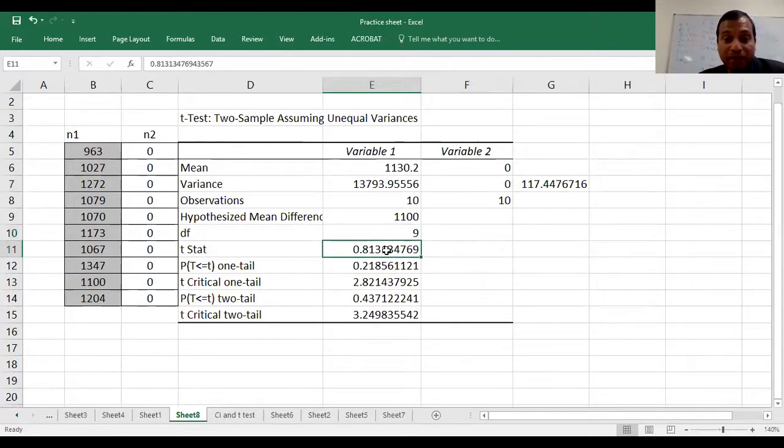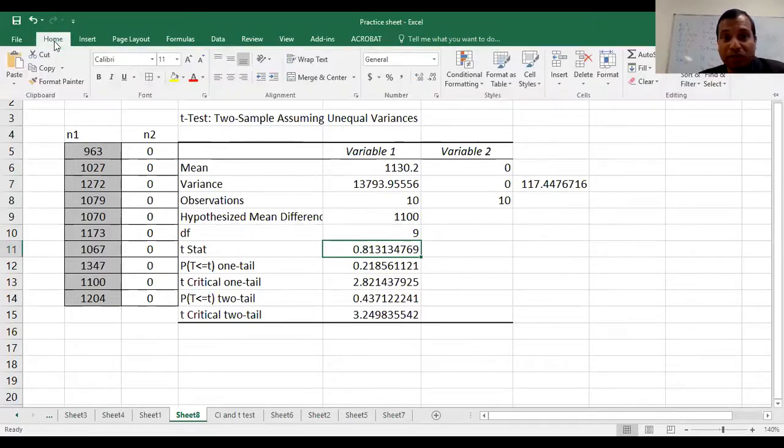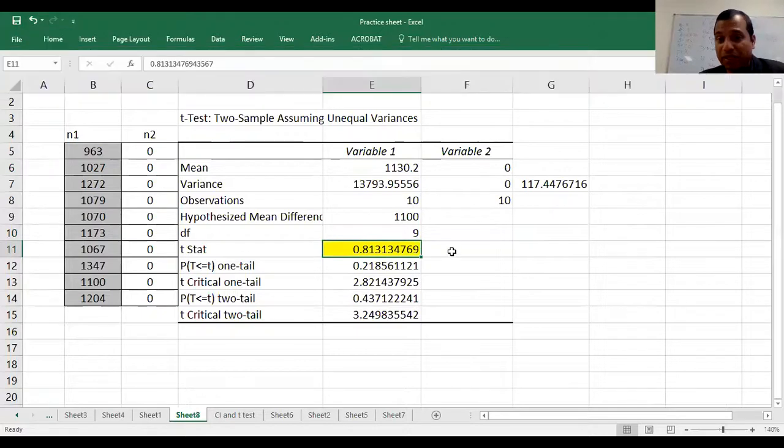Now, can you check manually the t value which we got? Is it the same t value which we got when we did it manually? Just check. Yes. Exactly the same, 0.8131, right? Okay. Now you have to decide. This was the case of what? P value for one tail or two tail? It was a one tail.